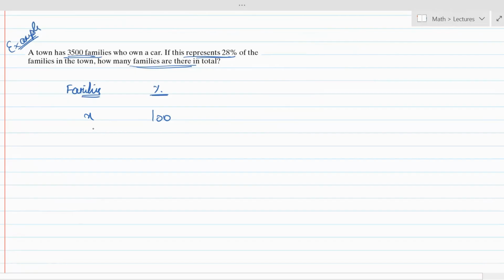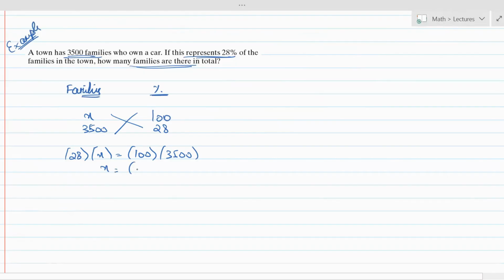So 3,500 comes here, and 28 comes here, and then you do the cross multiplication to make the equation. It would be 28 into X is equal to 100 into 3,500.